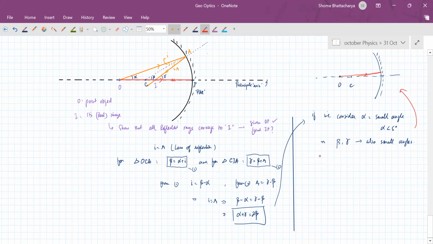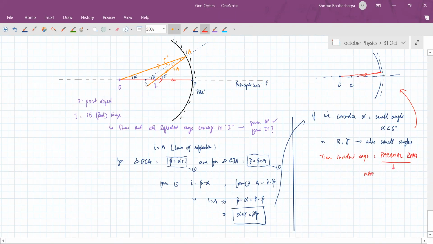Then the incident rays are called paraxial. Paraxial means nearly parallel to the principal axis.